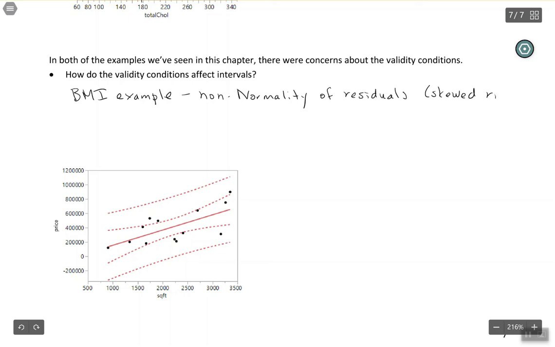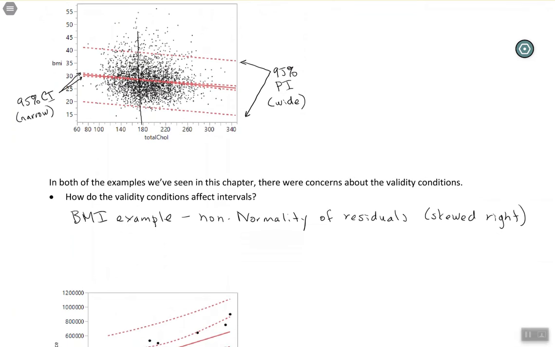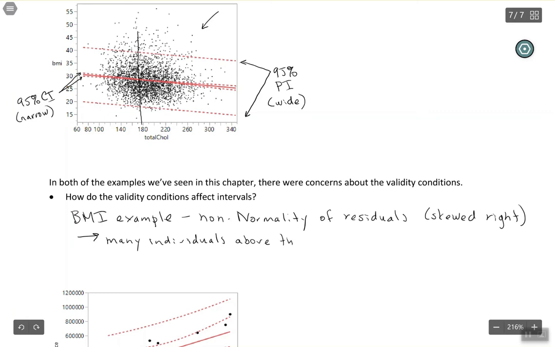So how does that affect the intervals? So if you look at this graph up here, notice that there are a lot of individuals that are above the upper bound, right? So we have many individuals that are above the upper bound of the prediction interval.